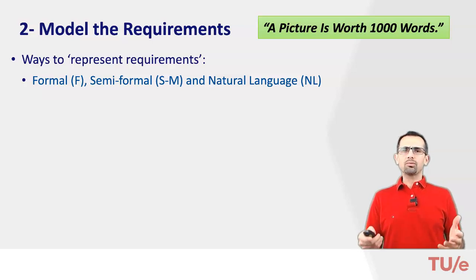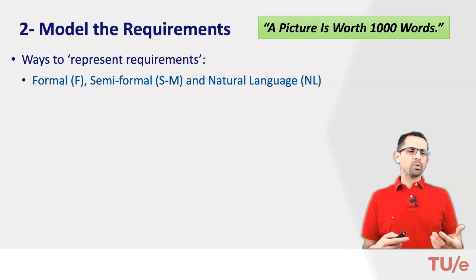But of course, this is quite a labor-intensive way to define requirements in a formal language, but it gives a lot of assurance about the completeness and consistency of the requirements.